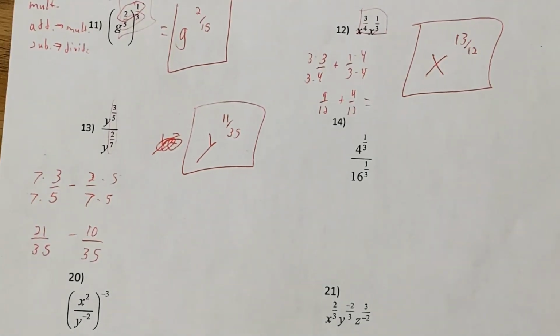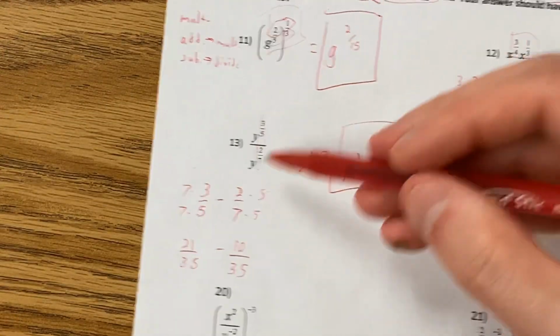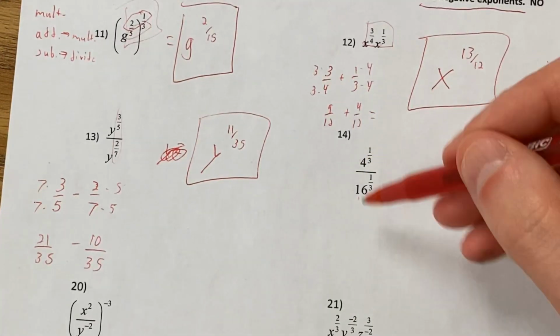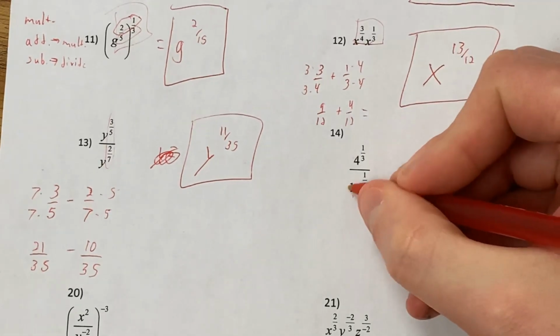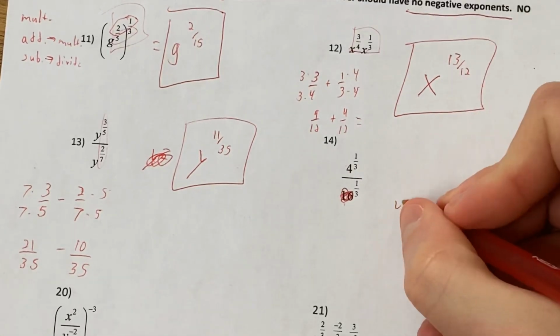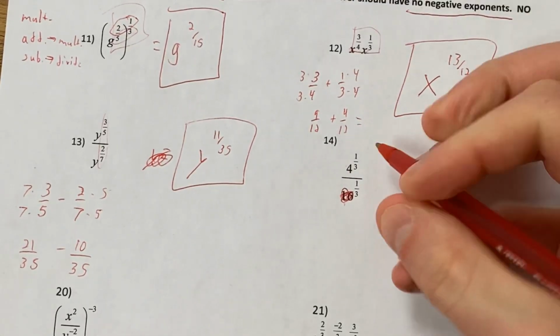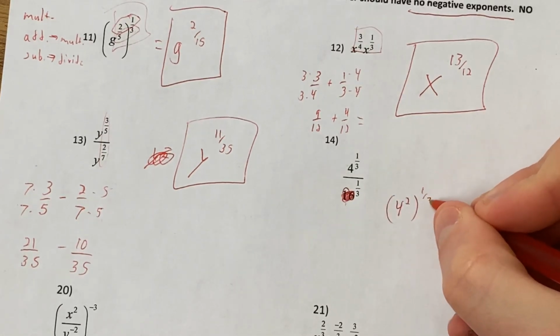14 is more interesting because these do not match, unlike the other one did. They were both y, so you could just subtract. These are not both 4, so you can't just subtract them right now. What you're going to have to do is make this not 16. As it turns out, 4 squared is equal to 16. So you take this 16, you scribble it out, and make it a 4 squared.